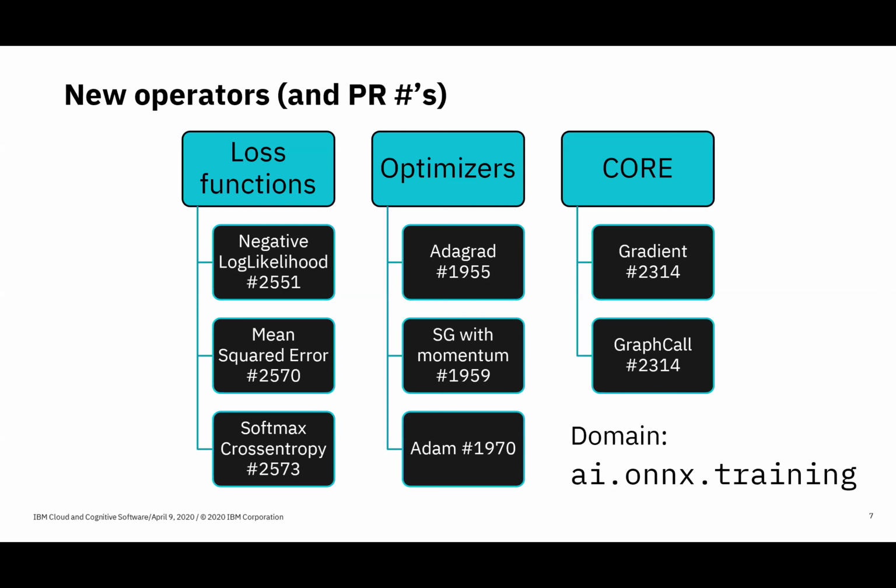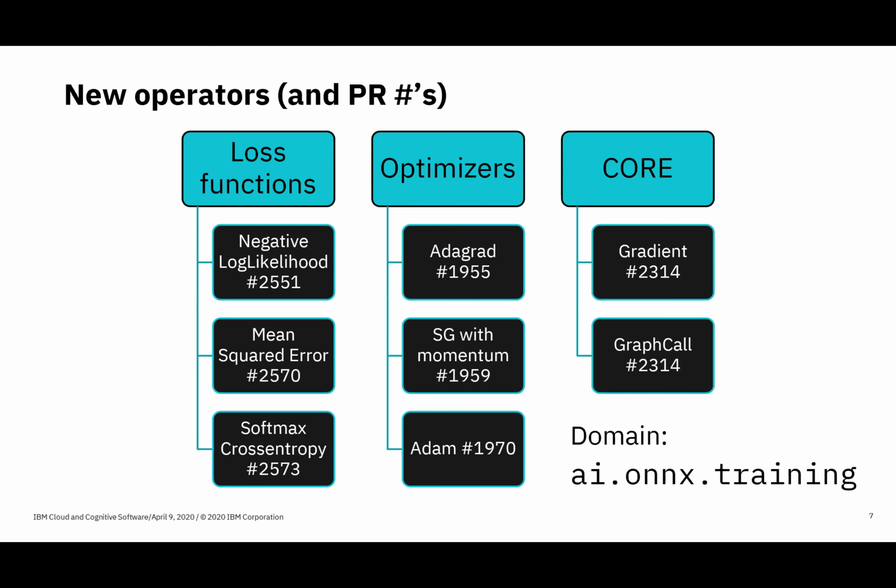In terms of new operators, the two core new operators are Gradient and GraphCall. In addition, I think those are functions, right? For loss functions, those are not operators but functions, because each is a combination of a number of operators. And there are new optimizers; I'm not sure if those are operators or functions.